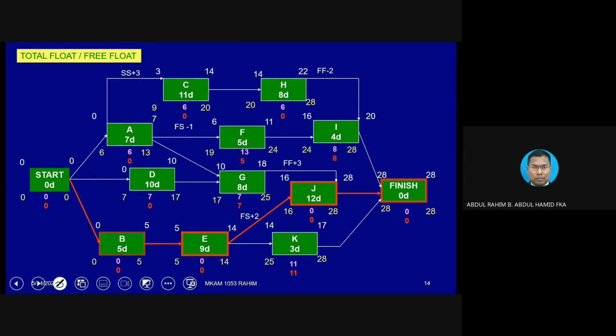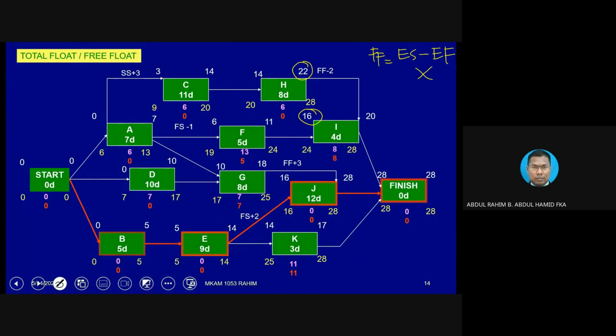This is the generic formula for free float. By right, it is the difference between the early start and early finish of the in-between activity. If you use this formula, meaning you are going to take this value minus this value, 16 minus 22, what are you going to get? You cannot use this formula.